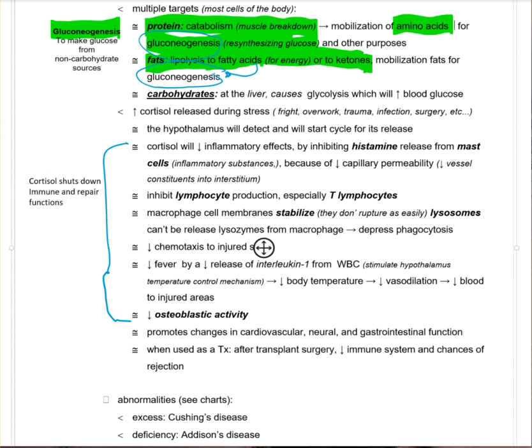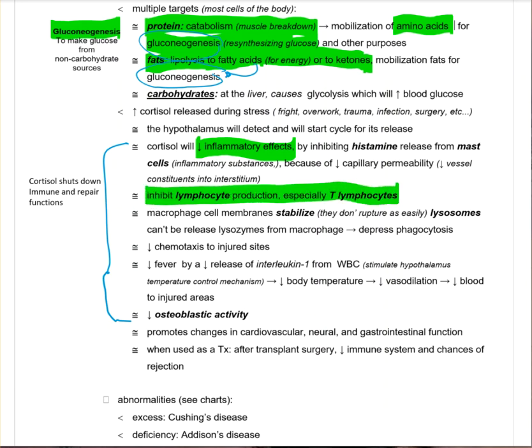Okay, so let's look at a couple of these. It decreases inflammatory effects. It does so by inhibiting histamine. That's one thing. It inhibits lymphocyte production, especially T lymphocytes, our white blood cells that fight off infection. It depresses phagocytosis, so our macrophages aren't as good as they should be. It reduces chemotaxis to injured sites. Do you remember that?